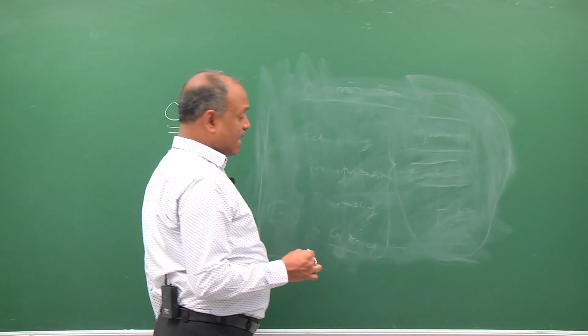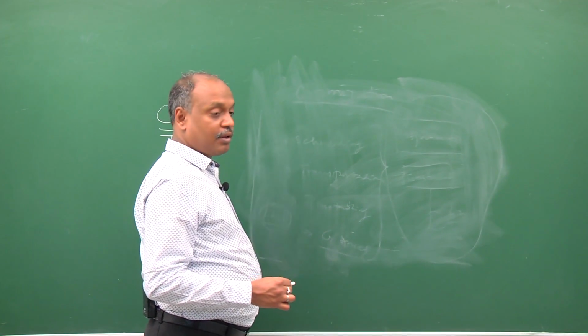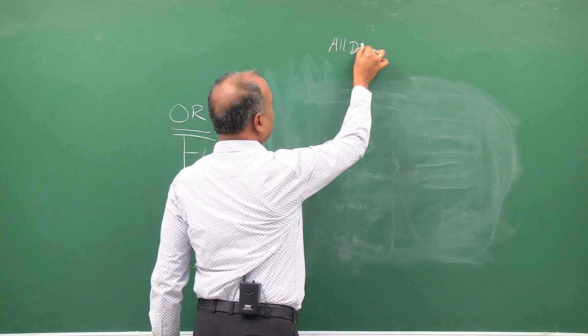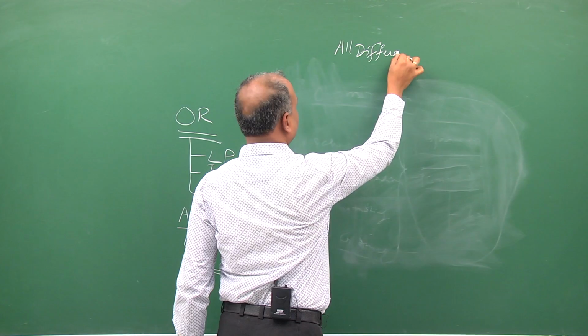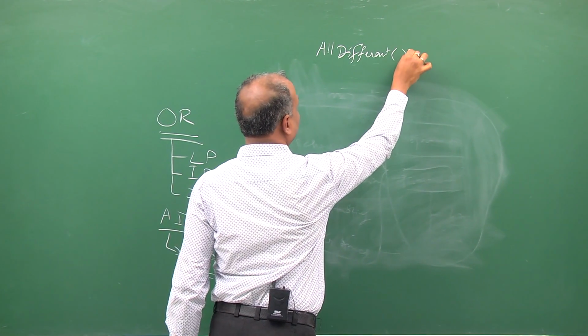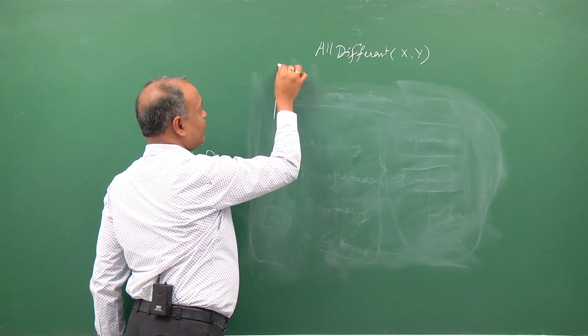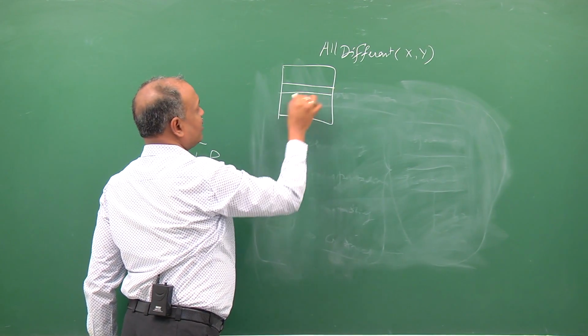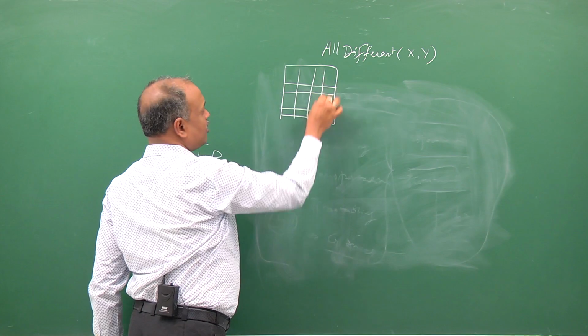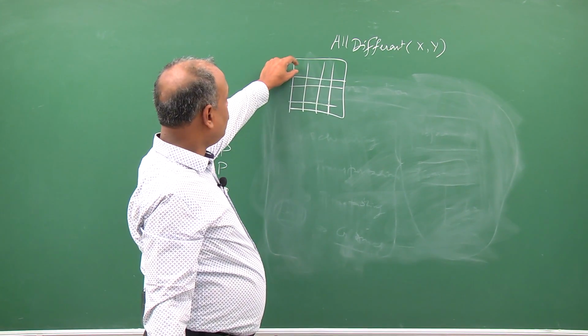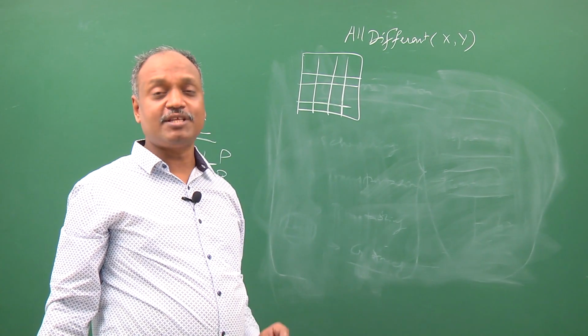To look at constraint programming, let's take a simple example. Let's say we are talking about a problem like 4 queens. We take 4 queens as a problem where we're supposed to place queens one after another so that none of the queens attack each other.